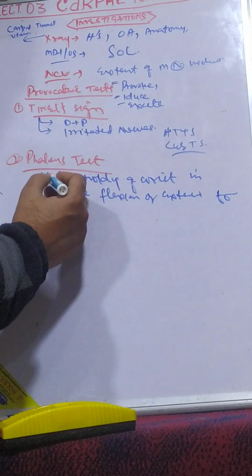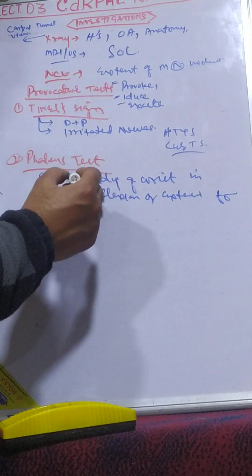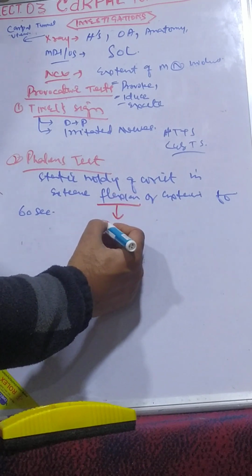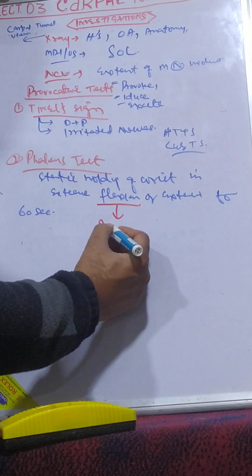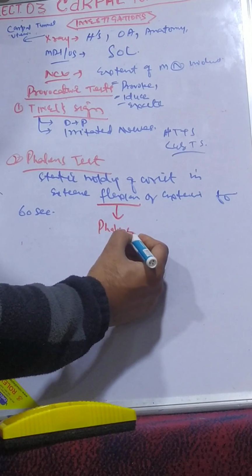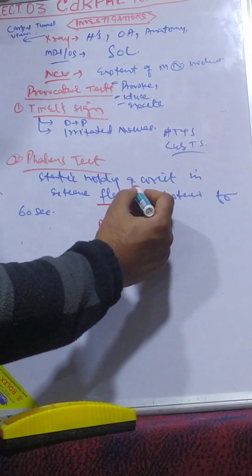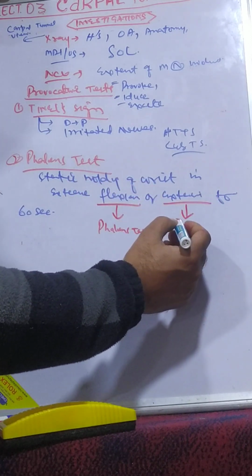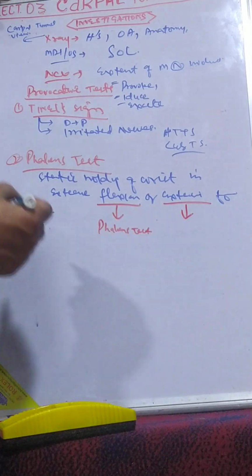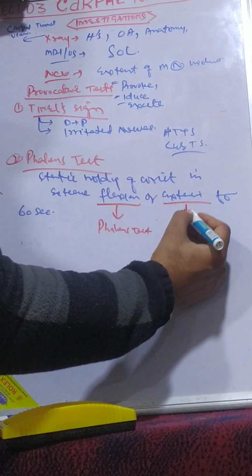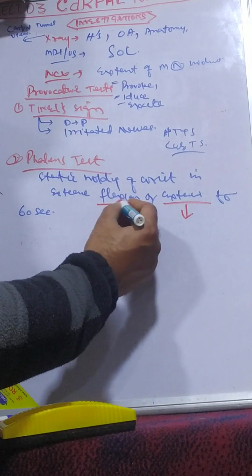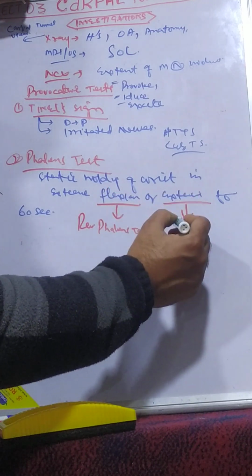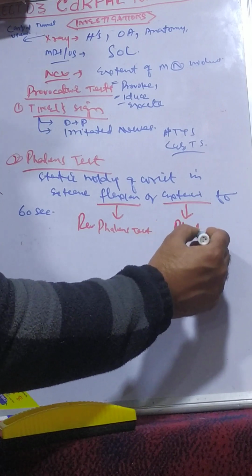When you hold the wrist in extreme flexion, it is called Phalen's test. When you hold it statically in extension, it is called reverse Phalen's test.